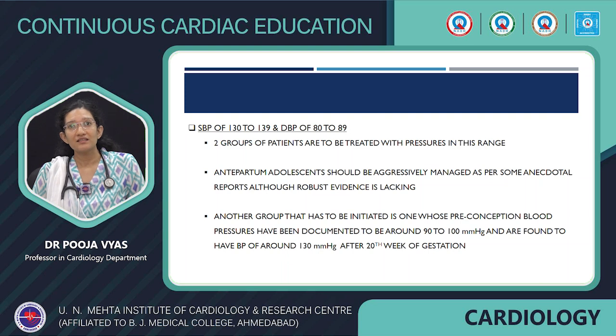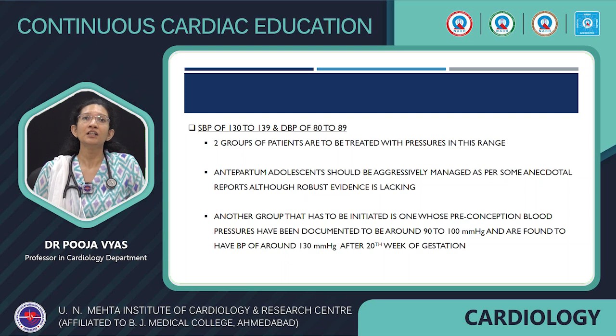They should be aggressively managed if their blood pressure is between 130 to 140 and diastolic between 80 to 90. The other group is where you know the preconception blood pressure was already between 90 to 100 millimeters of mercury. In those cases, if the blood pressure has now risen to 130 after the 20th week of gestation, then we should start medicines in these two groups.